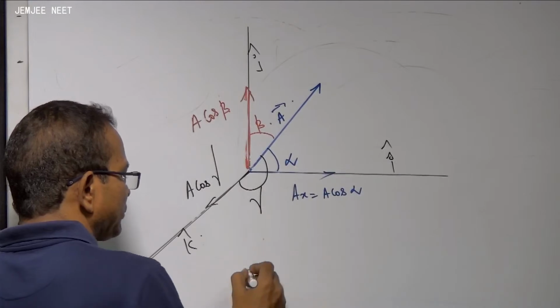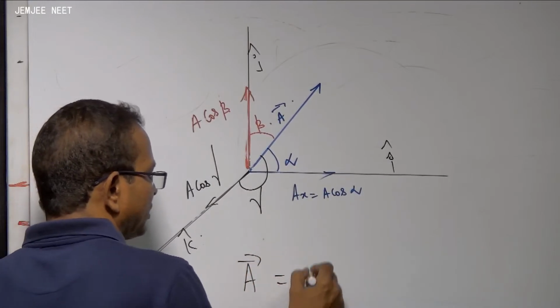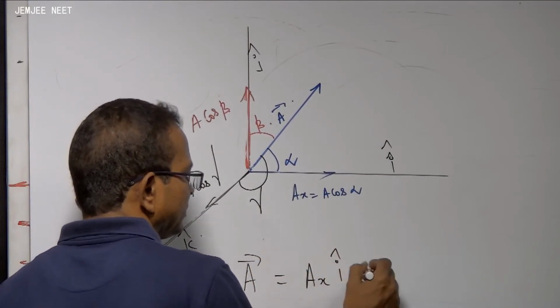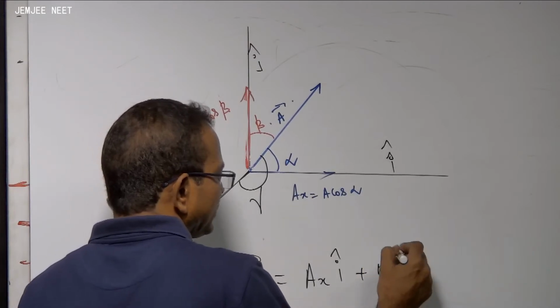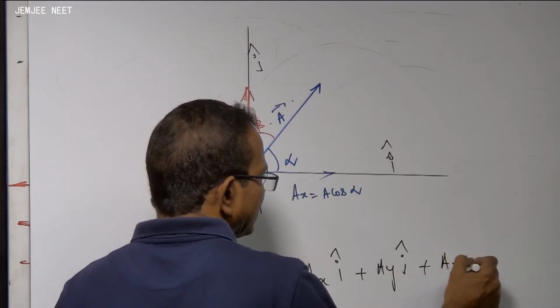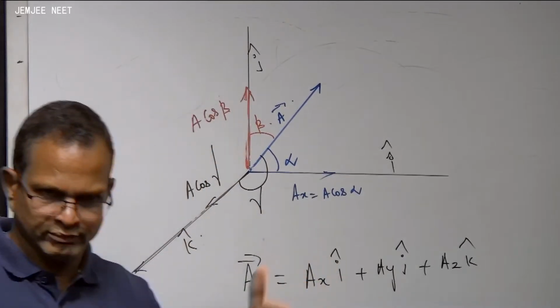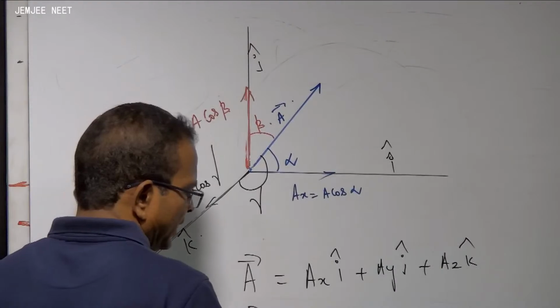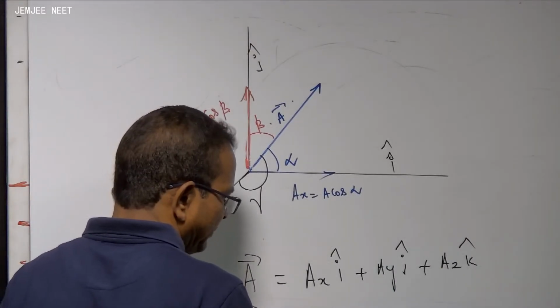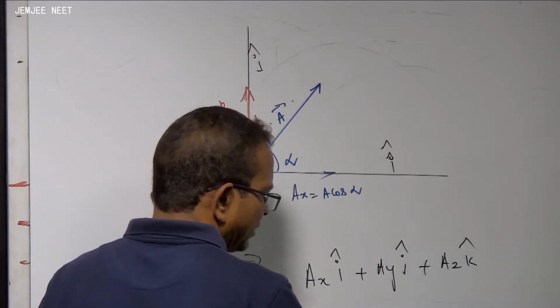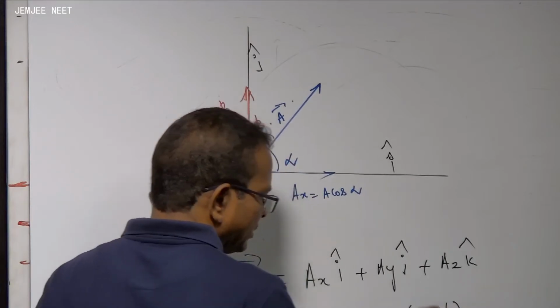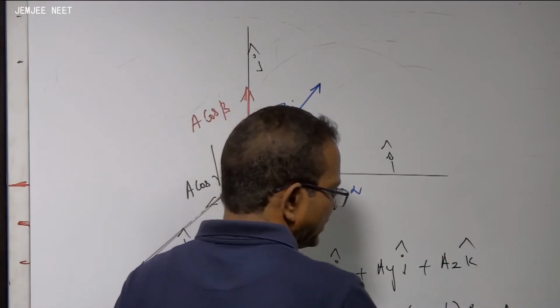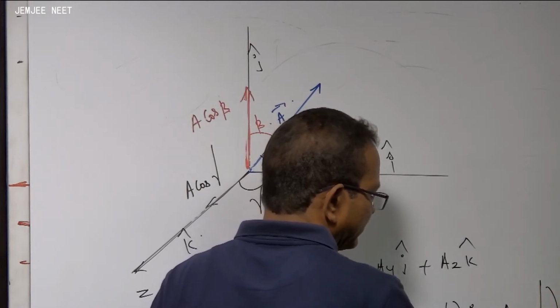So a vector is given by Ax i cap plus Ay j cap plus Az k cap. Getting it? Substitute: A vector equals A cos alpha times i cap, plus A cos beta times j cap, plus A cos gamma times k cap.